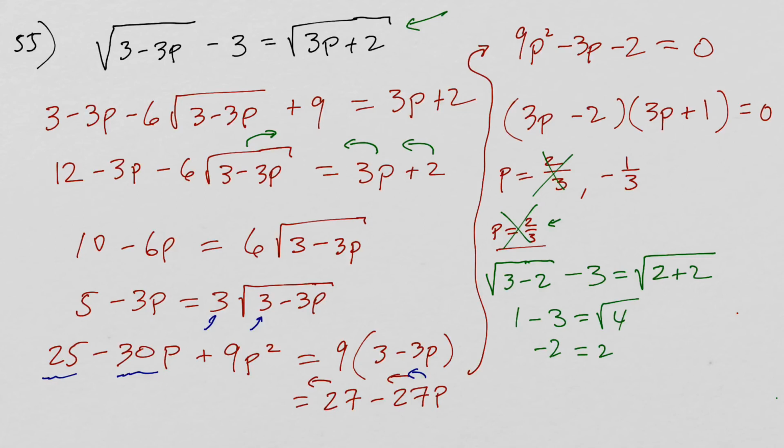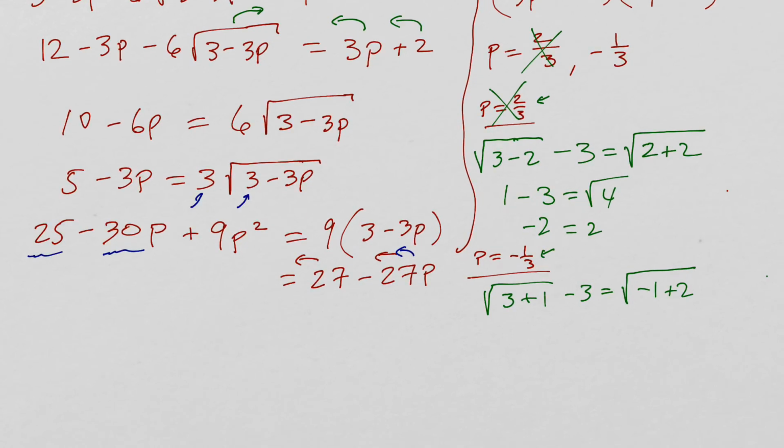Let's check when p is equal to negative 1/3. Okay, when p is equal to negative 1/3, I have the square root of 3 minus 3 times this, which is a plus 1. Negative 3 times negative 1/3 is a positive 1. Minus 3, is this really equal to the square root of 3p? Well, 3 times this is negative 1 plus 2.